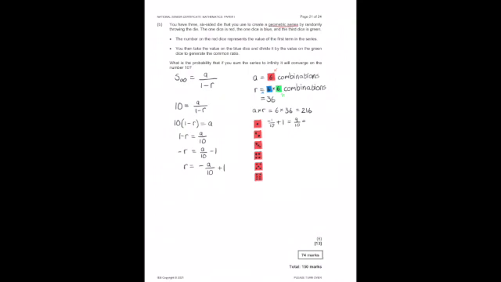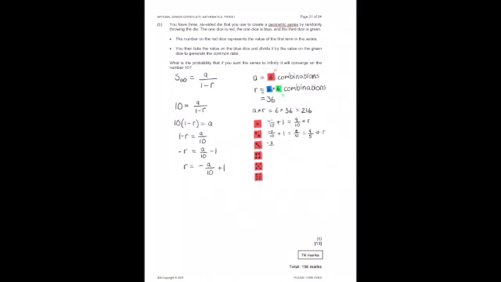Then if we substitute 2 in for a, we would get a value of 8 over 10, which can be simplified to 4 over 5. And that once again would need to be the value of r.